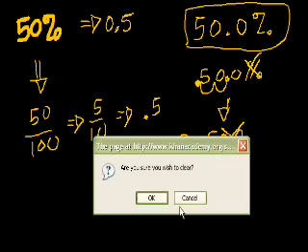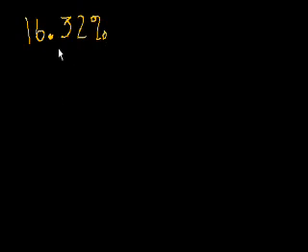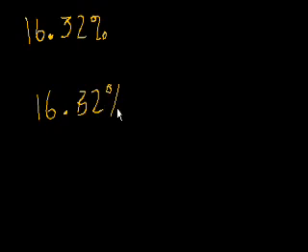So let's try some slightly harder problems. If I were to tell you that, let's say, 16.32%. Well, let's just do it the way I just showed you. I'll rewrite it down here, 16.32%.